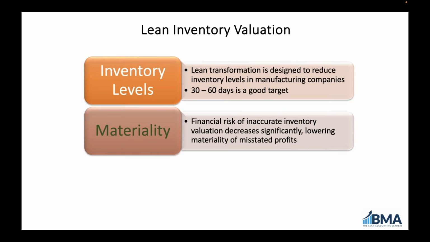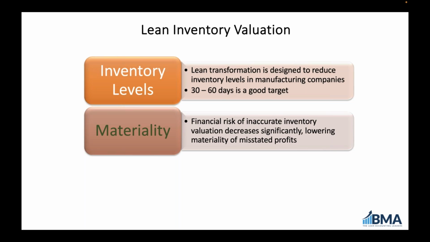Again, think about those numbers moving from income statements to balance sheets and vice versa. You want your balance sheet to be accurate. So a lot of inventory, especially finished goods, means that you have to state it properly for GAAP purposes, so the readers aren't confused. But if you have less inventory, the financial risk of being inaccurate decreases a whole lot.